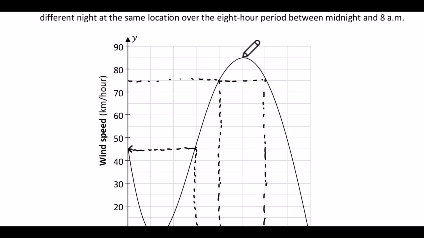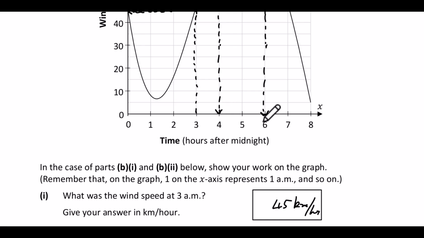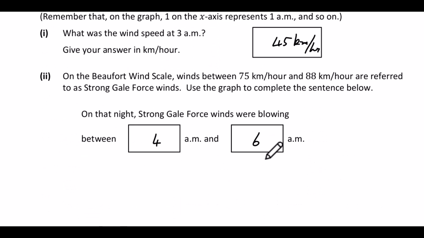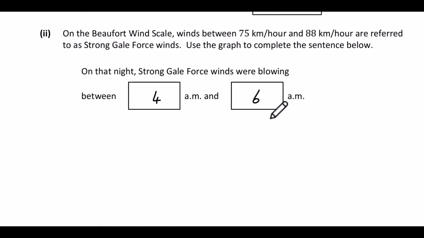The maximum actually in this particular graph is 85. So we just need to look at this part of the graph here. So that's between 75 and 88. So you would draw a line across and then 2 lines down. And I got between 4 and 6. So between 4 a.m. and 6 a.m.